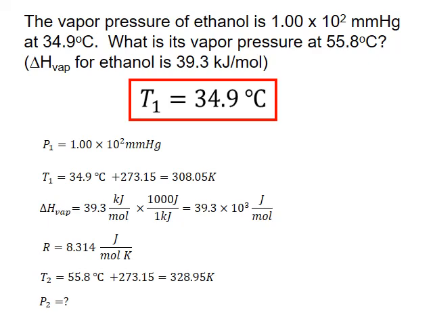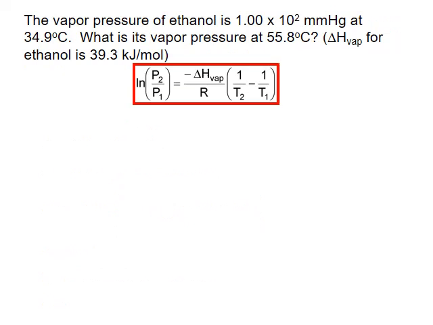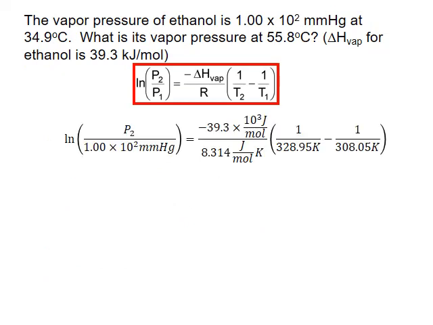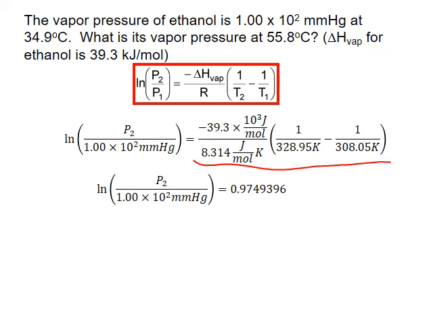We substitute all these values into the two-point form of the Clausius-Clapeyron equation and rearrange to solve for P2. Here's the two-point form equation with these values substituted in. The right-hand side of the equation can be simplified. Plugging into your calculator yields 0.9749396 for the right-hand side.